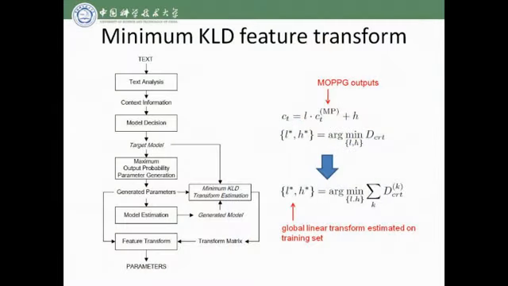We have also tried another method, in which we constrain the final output acoustic features to be some linear transform of the maximum output probability parameter generation results. Under this criterion, we just estimate the coefficient and the bias of the linear transform. We hope that by this method we can get a more robust estimation of the transform matrix than estimating the C directly.